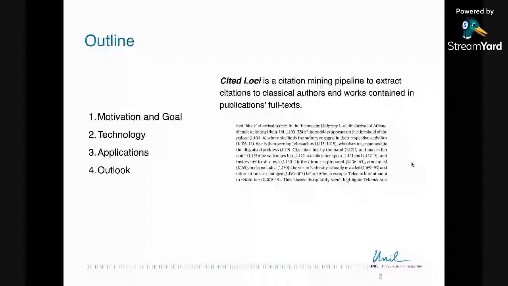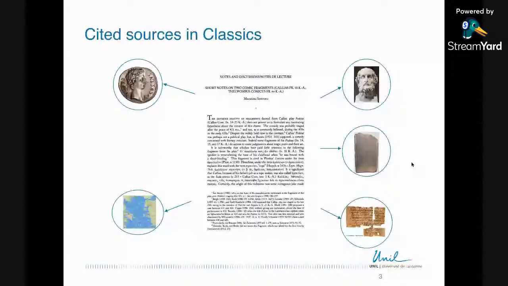So I will start from the very beginning, just to say that the articles, monographs, and commentaries, so essentially all secondary literature in classics, is extremely rich in terms of references and mentions. Not only are there references to authors and works and their passages, as we have just seen, there are also mentions of places, which can be modern or ancient.